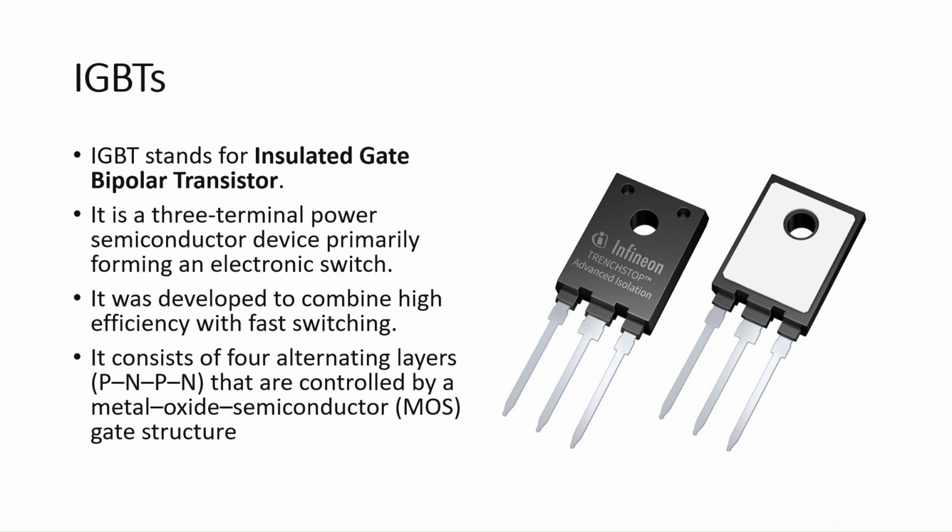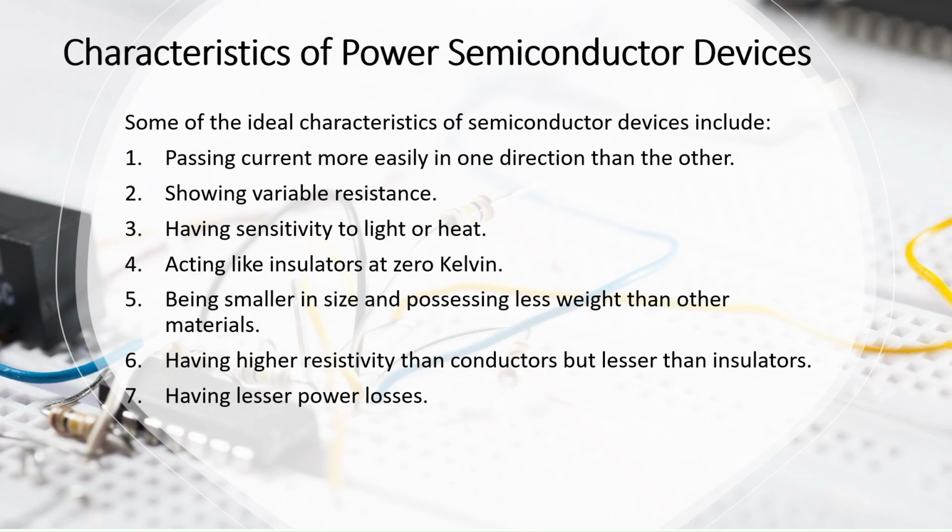Some of the ideal characteristics of semiconductor devices include passing current more easily in one direction than the other, showing variable resistance, having sensitivity to light or heat, acting like insulators at 0 Kelvin, being smaller in size and possessing less weight than other materials, having higher resistivity than conductors but lesser than insulators, having lesser power losses.